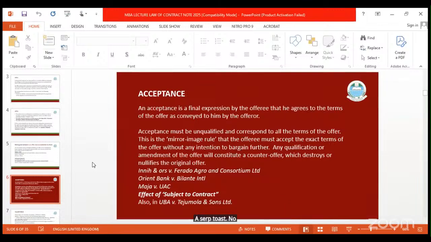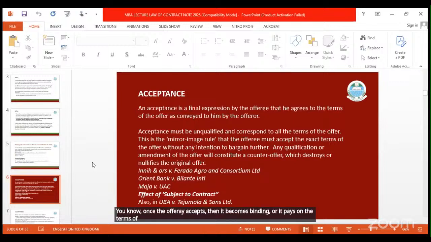Now, we had in the course of lectures informed you that an offer is that manifestation of intention which is expressed by the offeror to the offeree, such that the offeror intends that once the offeree accepts, then it becomes binding based on the terms of that offer.